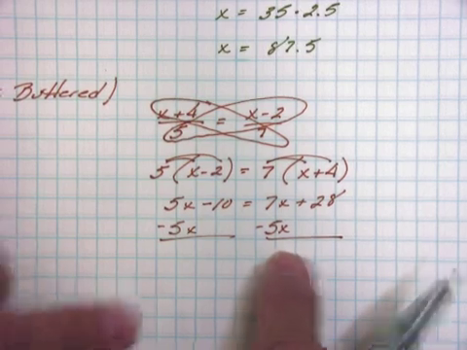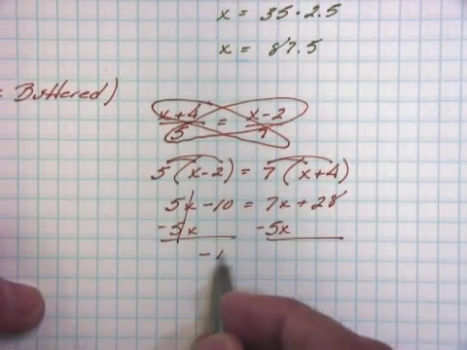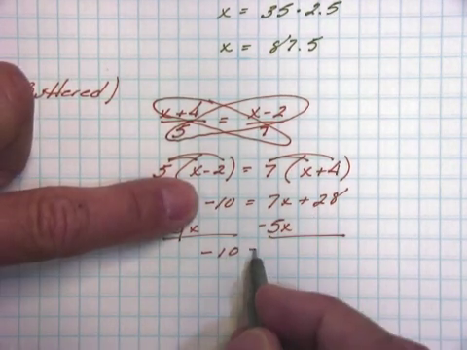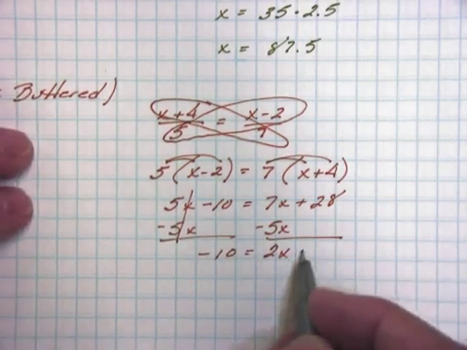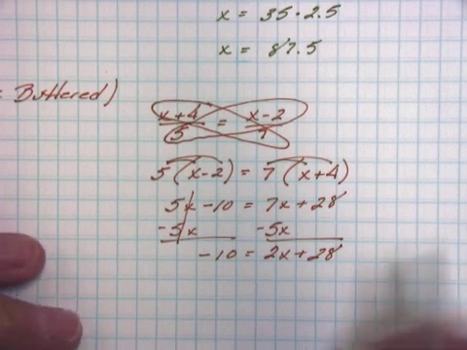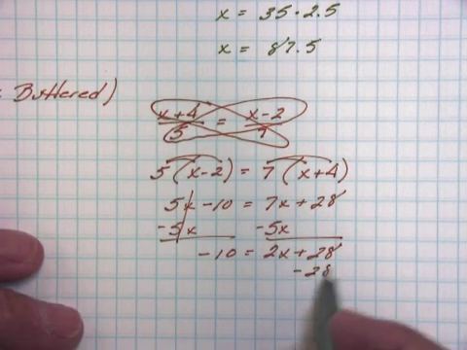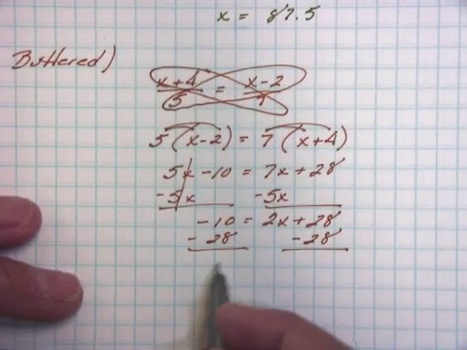Now, got to move the like terms or the variable terms together. I'm going to subtract 5x from both sides. I did it this way so I'd have a positive 2x over here. Well, the 5x and the negative 5x, those cancel. I bring down a negative 10. I'm very careful to bring down the negative. Equals 2x. Again, notice the 2x is positive.